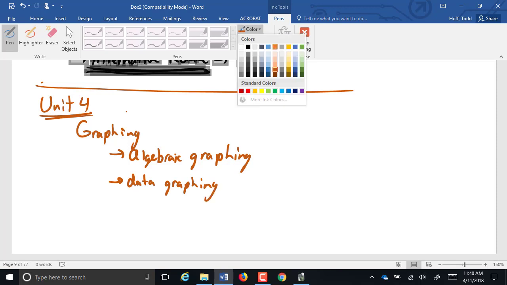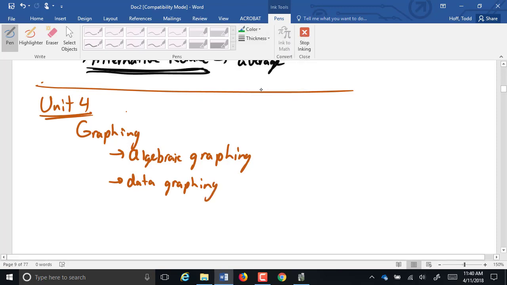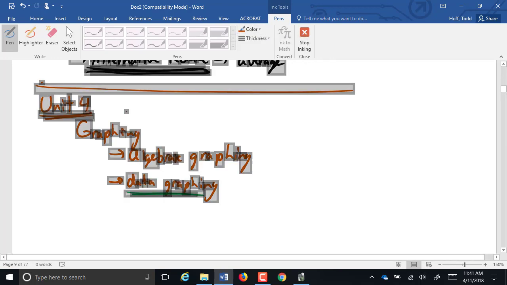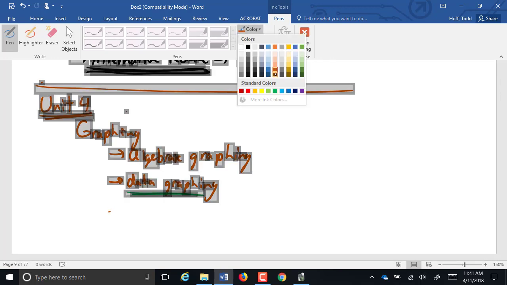I may have to look into Unit 5 a little bit and talk about organizing data to talk about those data graphs, but they're pretty simple. That's mostly stuff you've seen before. And then there's a little bit in there on relationships between variables.